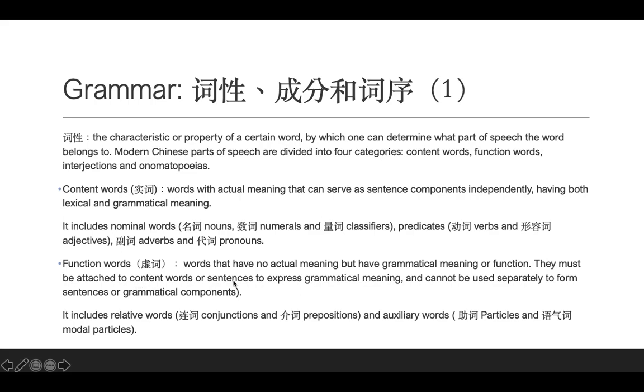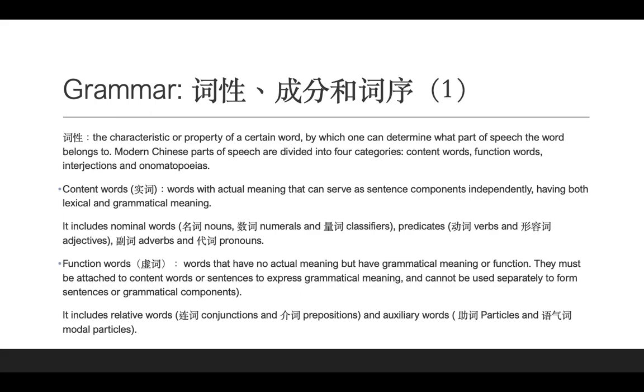And for the function words, these are the words that have no actual meaning, but they have grammatical meaning or function. They must be attached to content words or sentences to express grammatical meaning, and they cannot be used separately to form sentences or grammatical components.